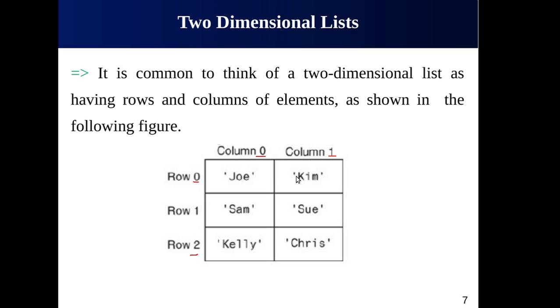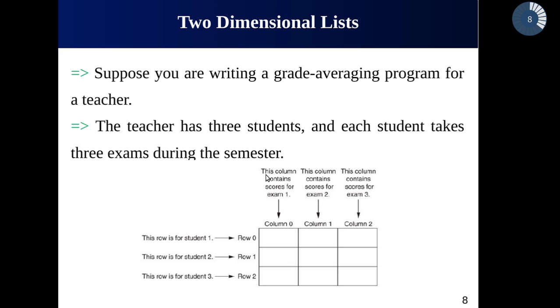Now let's suppose you have a teacher, and the teacher is teaching 3 different subjects to 3 different students. The teacher is interested in representing the marks of each and every student in each and every subject.